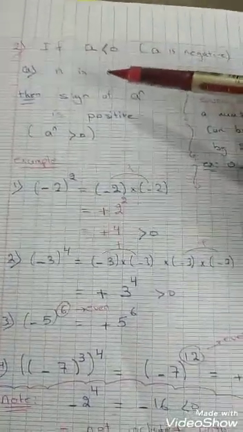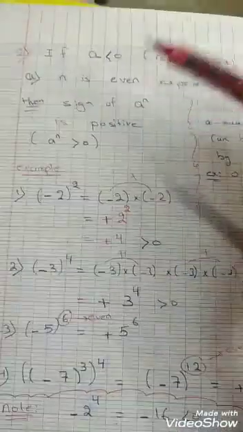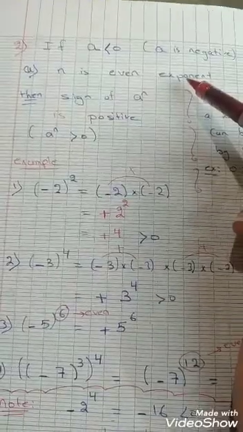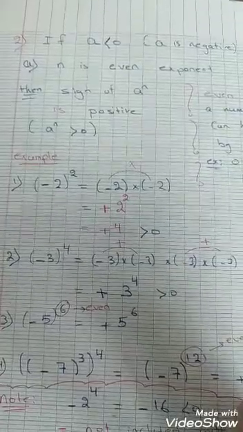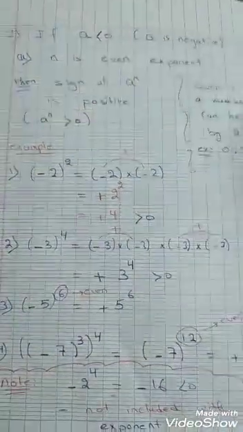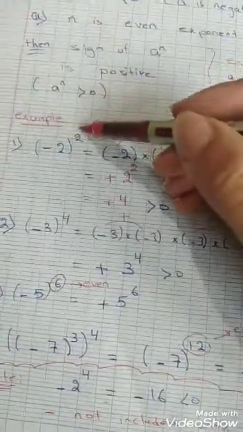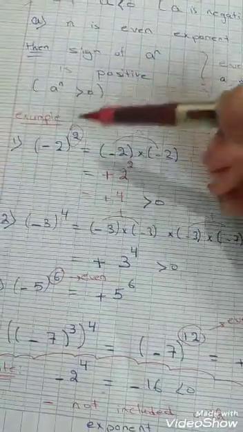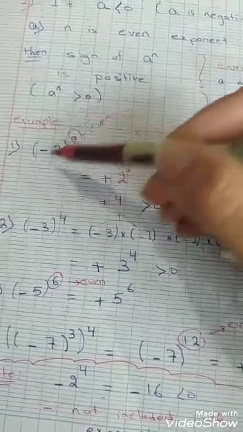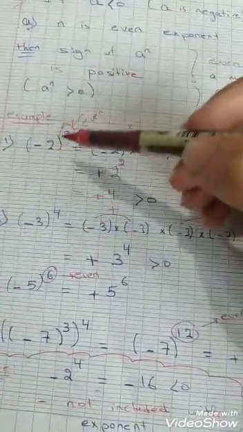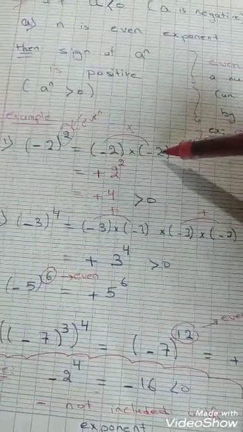If n is an even exponent and a is negative, the sign of a to the exponent n is always positive, greater than 0. Why? I will justify. Minus 2 to the exponent 2: the exponent 2 is even and the base is negative. We can write it as minus 2 times minus 2.